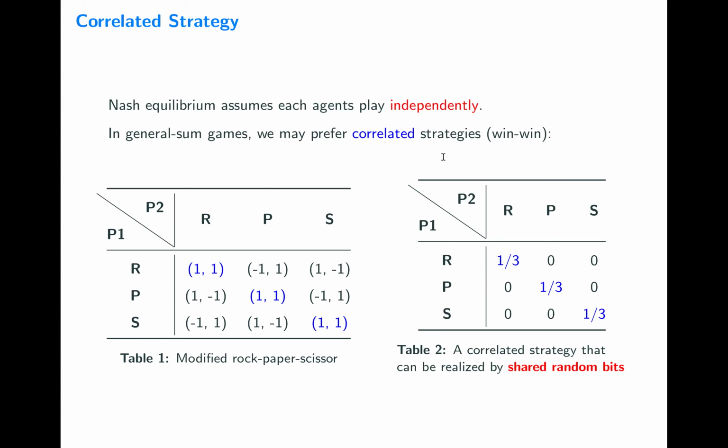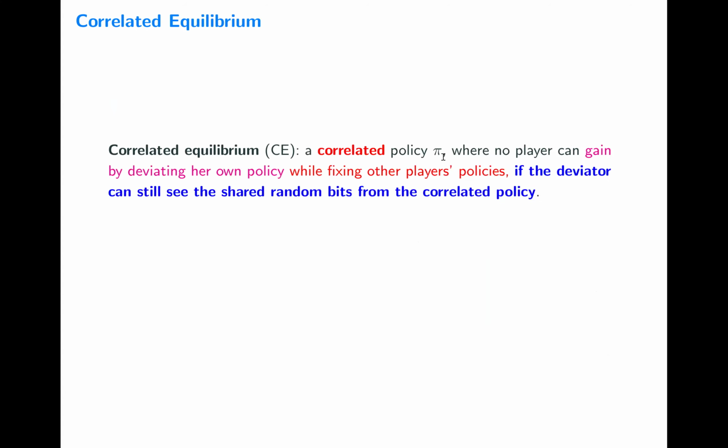So once you have a correlated strategy, then we can talk about two more equilibria, which are also very standard in game theory. One is called a correlated equilibrium. Correlated equilibrium is basically very similar to Nash equilibrium. The first difference is it is no longer a product policy. Now it's a correlated policy, so you don't need to have a product distribution.